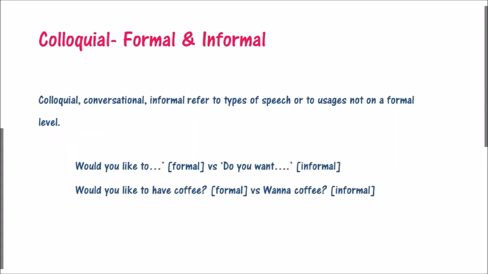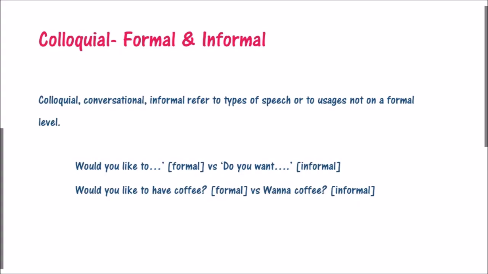Colloquialism, or colloquial language, is the linguistic style used for casual communication. Colloquial, conversational, informal refer to types of speech or to usage not on a formal level. Colloquial is often mistakenly used with a connotation of disapproval, as if it meant vulgar or bad or incorrect usage, whereas it is merely a familiar style used in speaking and writing.